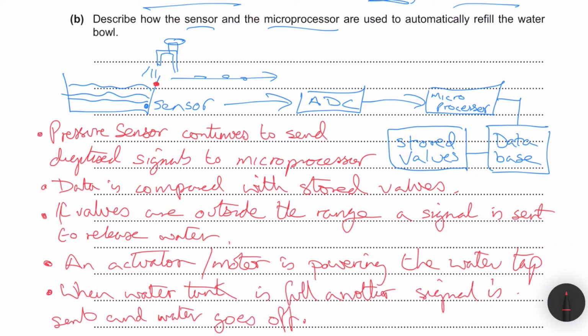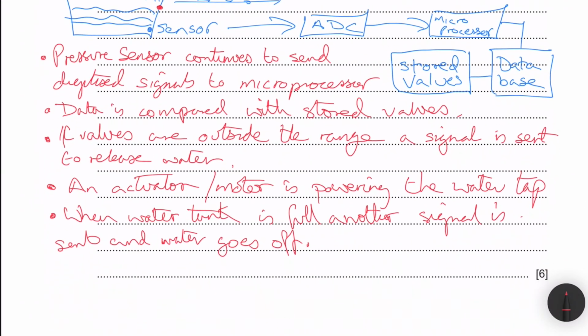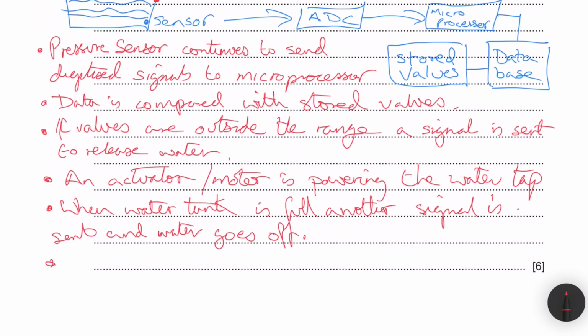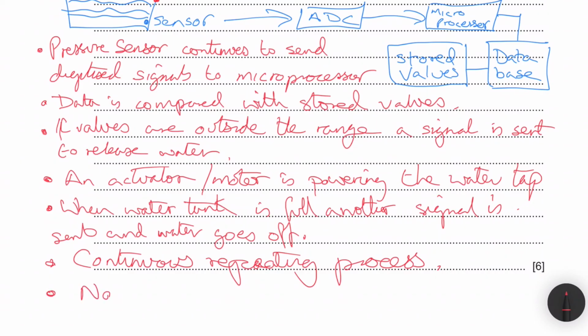What we need to mention as well somewhere is a continuous repeating process. Okay, it doesn't need anybody to be there. No need for human interaction. It's not in the mark scheme, but I think that's quite important.